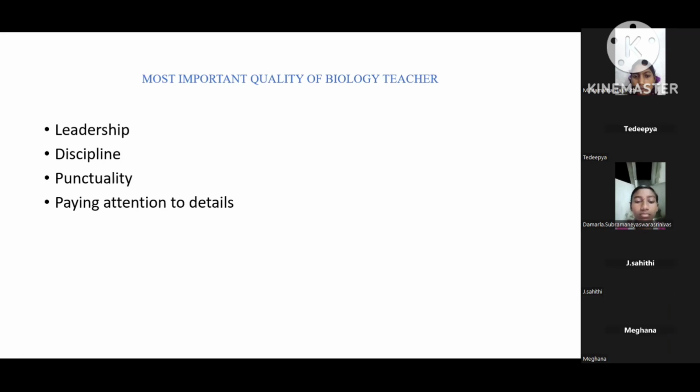There are several other qualities that a biology teacher is expected to possess, but I see leadership quality as paramount because if you really possess the qualities of a leader, you will be in the best position to ensure discipline is your hallmark, punctuality is your hallmark, paying attention to details will also be one of your attributes as a leader.